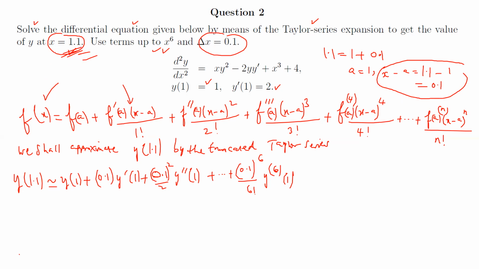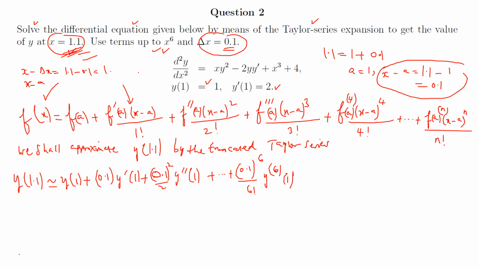So you realize that x is given here, and the change is given, and what you do is x minus delta x, which is the same as x minus A in the notation I used here. 1.1 minus 0.1, which is 1.